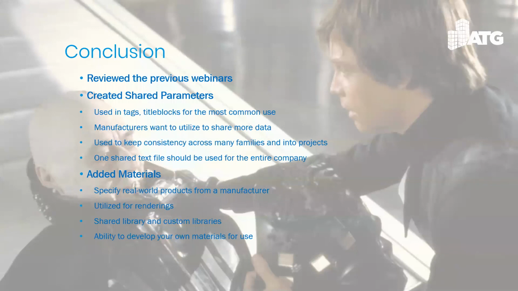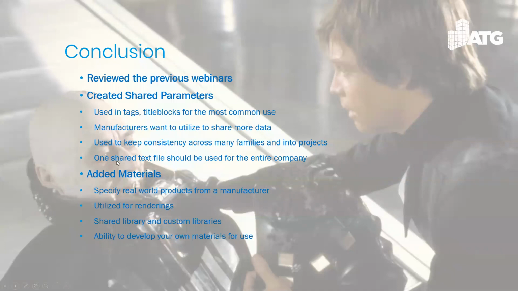Manufacturers, again, definitely use shared parameters to add a lot more of their data into families that they go in and create. We want to create shared parameters to keep consistency. Also, as you saw from my demonstration, I saved a lot of time because I had shared parameters already set up and I didn't have to go in and recreate them for each instance that I'd have to go in and place them in a different family.